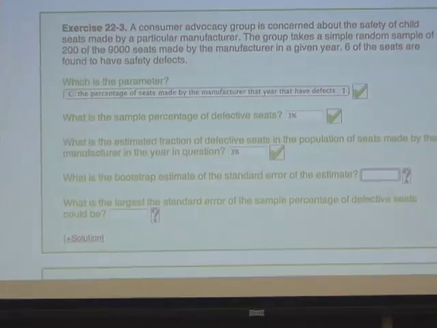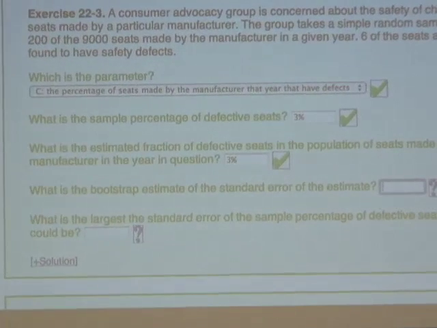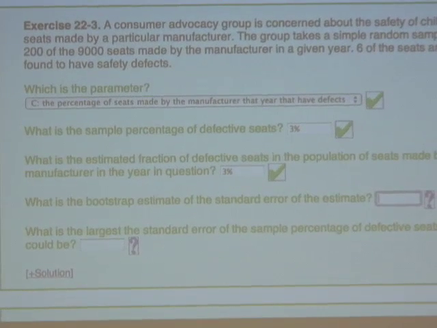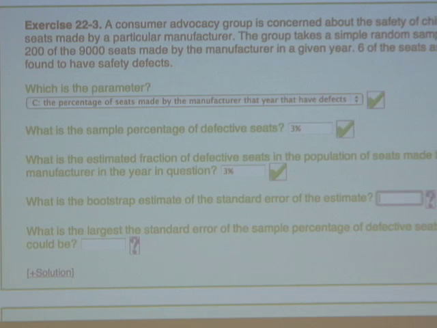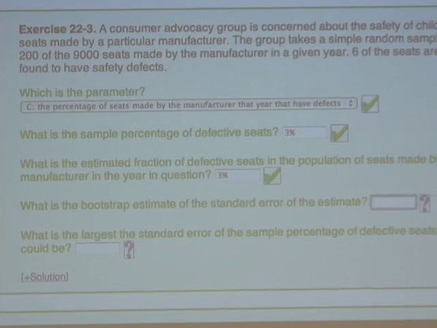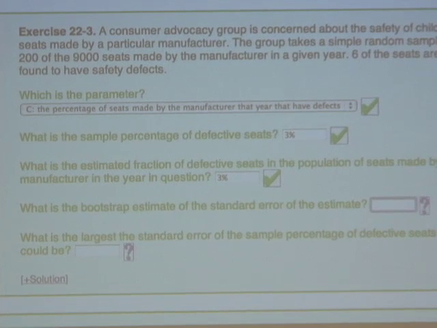So what we're talking about in this chapter is really just simple random samples and random samples with replacement. If you have another probability sample design, it's not this simple. Okay, what's our bootstrap estimate of the standard error of that estimate?